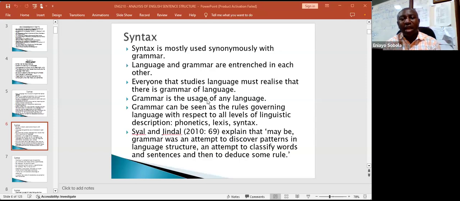So if you are studying a language, you must realize that the language has its grammar. Grammar is any use of language, the usage of any language, and has to do with rules governing how language should be used at all levels. So grammar is crucial in the nature of language. You need to note that.